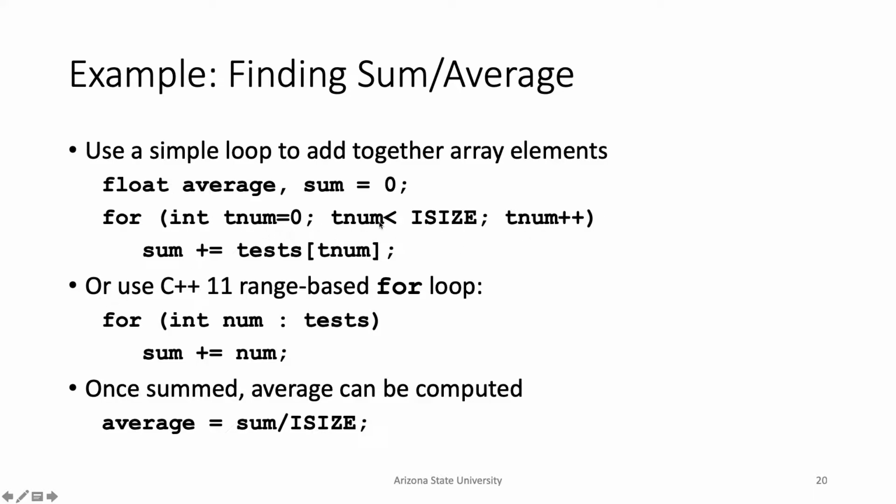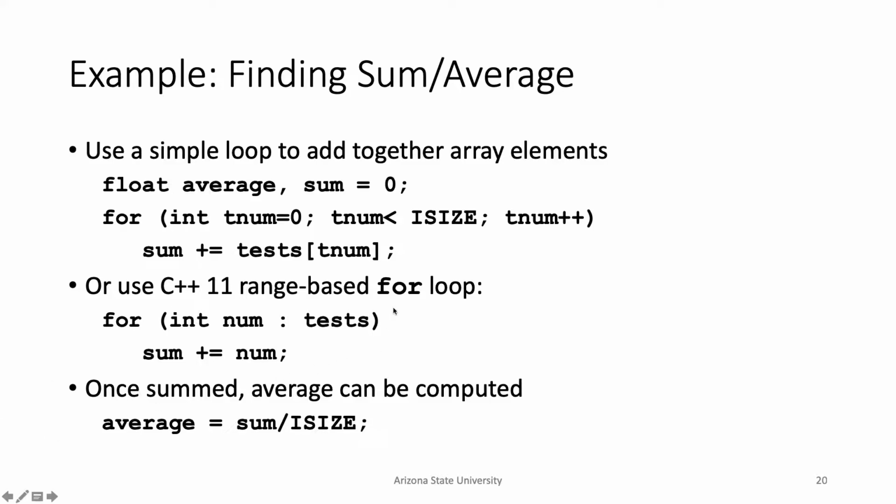We just start at 0, go to the last possible index, and then look at the array at that index, and add to a sum variable which we started at 0. So if we had 79, 10, and 2 like we had before, then the first iteration we're going to add 79 to sum, next iteration we're going to add 10, last iteration we'll add 2.